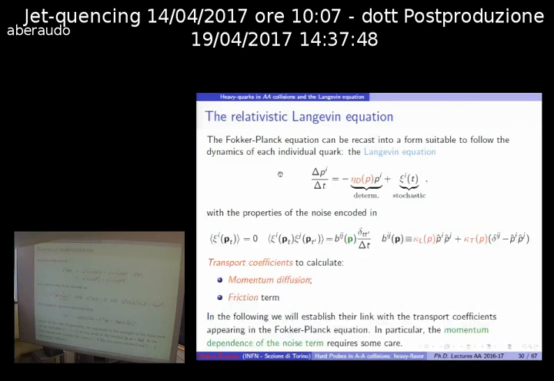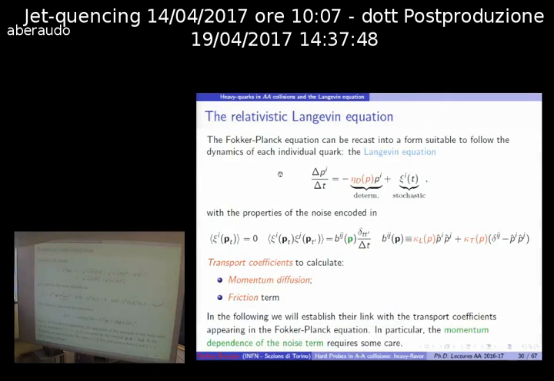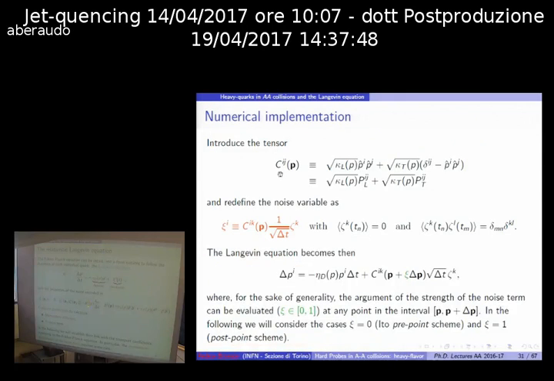So if you substitute this new definition of the noise variable, I have this expression. Notice that since this tensor, which encodes the strength of the noise, has a momentum dependence, I have some freedom in choosing where to evaluate it.